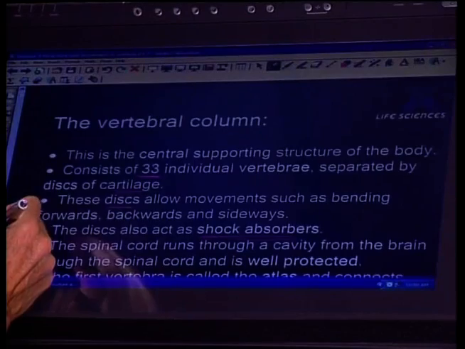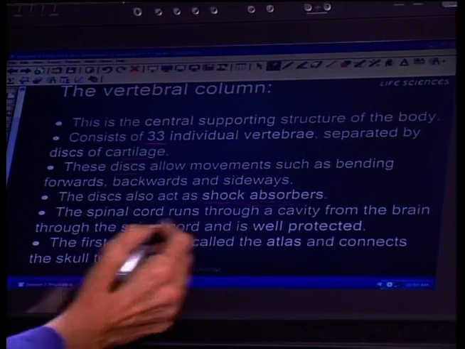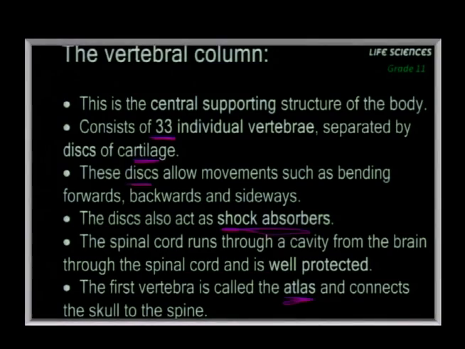So we can't have any breaks in that cord. Okay, and then the first vertebra, the atlas, and the second one is the axis. So atlas, axis. You've got the cervical vertebra, then you have the thoracic vertebra for your thorax, then the lumbar vertebra for your lower back. All right, sacrum is solid, and then you have your coccyx at the end.